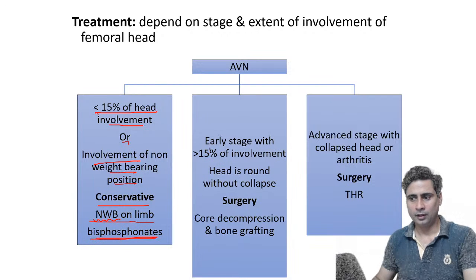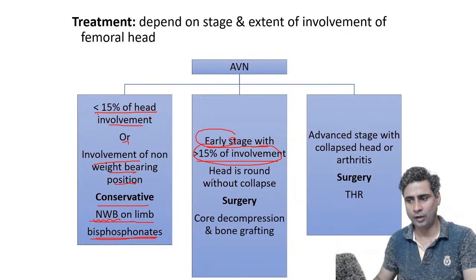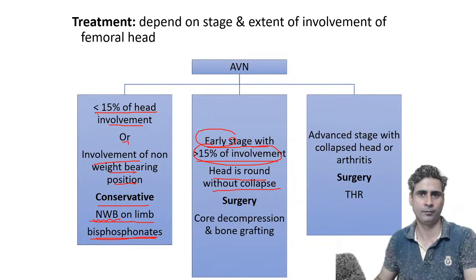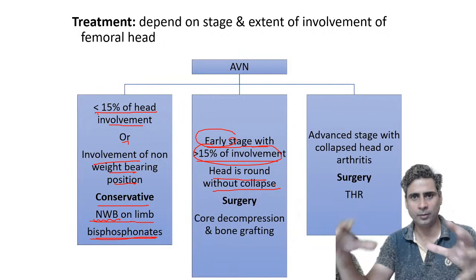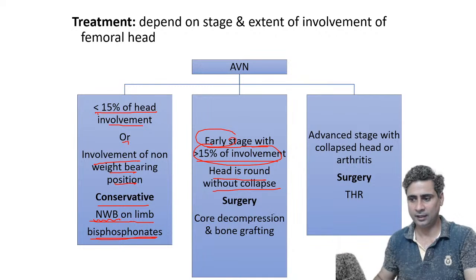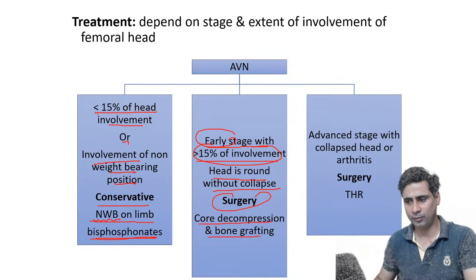If it is an early stage where more than 15% of the head is involved, but the head is round with no collapse, in that case we do surgery, and the surgery of choice is core decompression and bone grafting.